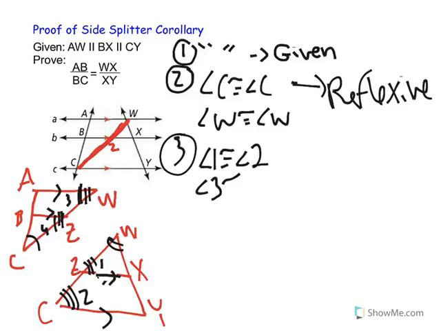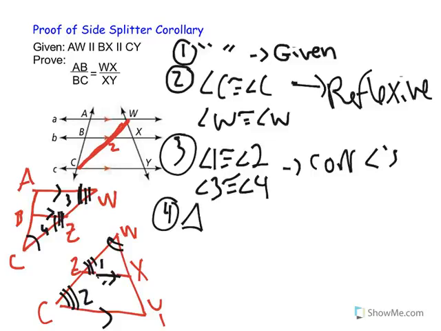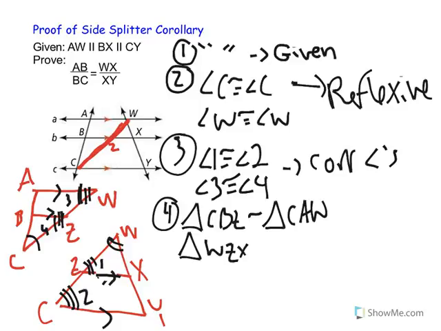And angle 3 is congruent to angle 4, because they're corresponding angles. So that allows me to say that triangle CBZ is similar to triangle CAW, and also triangle WZX is similar to triangle WCY, and they're both by angle.